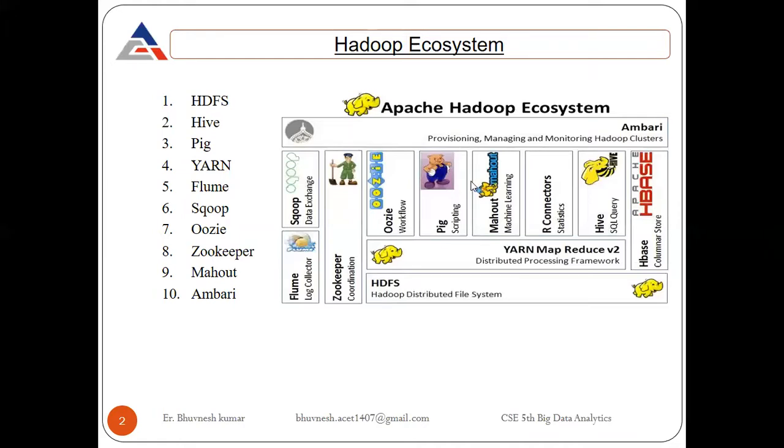Then there is Pig, then Flume, and all these are controlled by which tool? That is Zookeeper, the coordinator. It will arrange how every tool will work, and all the job scheduling and processing will be maintained by Zookeeper.